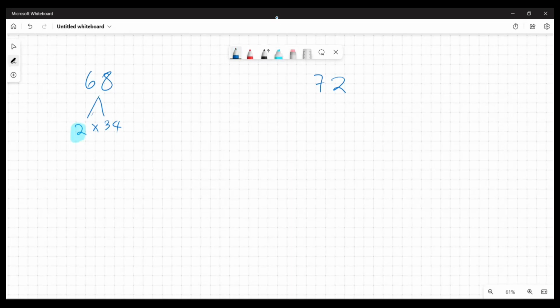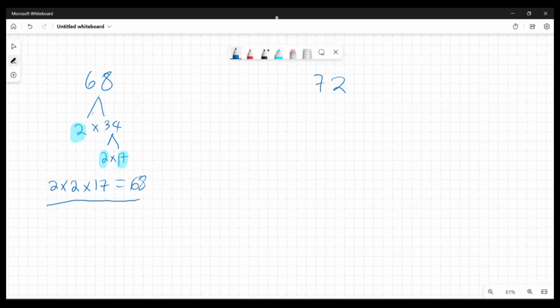Then you break 34 down: it's 2 times 17. 2 is prime, 17 is prime, so you're finished here. That means 2 times 2 times 17 gives 68. I'm going to show you how you can use prime numbers to help. This is called prime factorization.